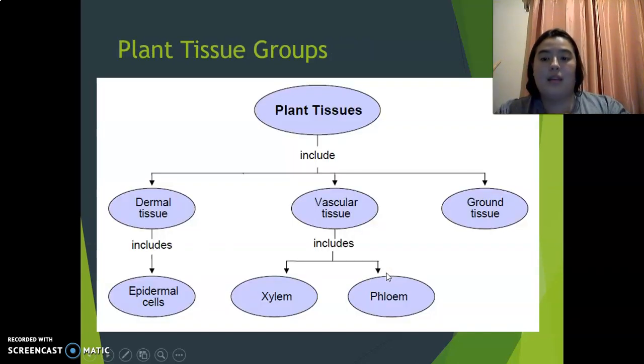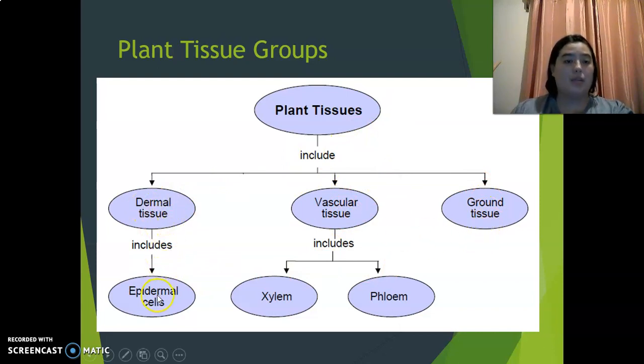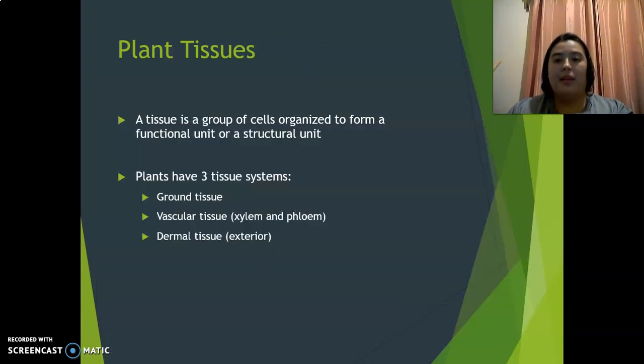Okay. Then we have plant tissue groups. Plant tissues include dermal tissue, vascular tissue, and ground tissue. Dermal tissue includes epidermal cells, and vascular tissue includes xylem and phloem, as I said. And plant tissue is a group of cells organized to form a functional unit or a structural unit.